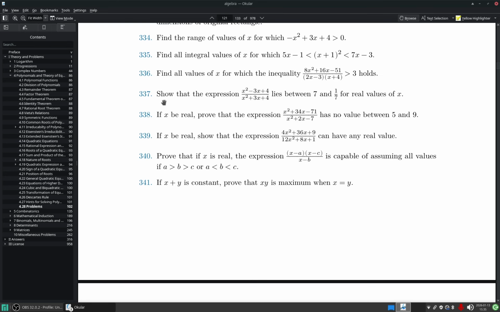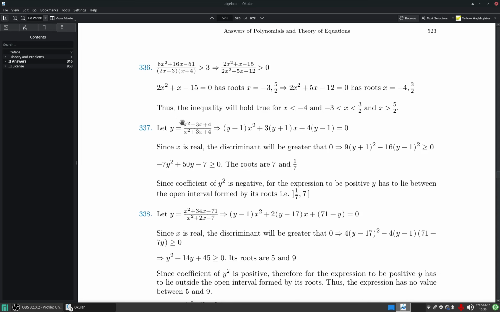Question 337 says: show that the expression (x square minus 3x plus 4) by (x square plus 3x plus 4) lies between 7 and 1 by 7 for real values of x. So we let y be equal to (x square minus 3x plus 4) by (x square plus 3x plus 4). And then we solve, we get (y minus 1) into x square plus 3 into (y plus 1) into x plus 4 into (y minus 1) is equal to 0. Now since x is real, the discriminant would be greater than or equal to 0.